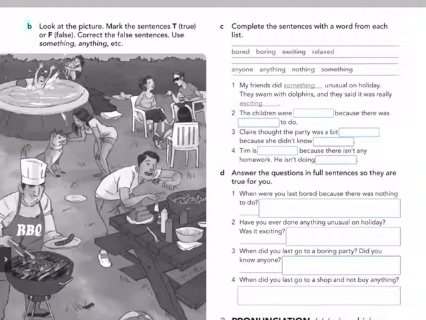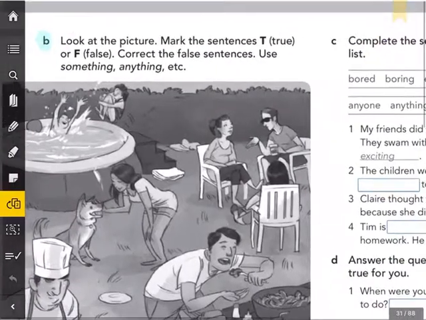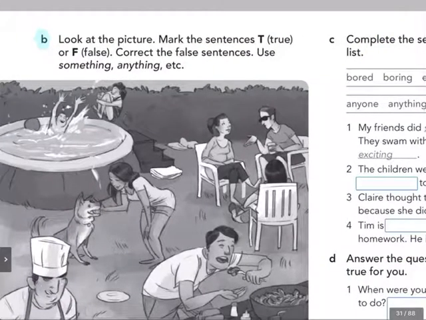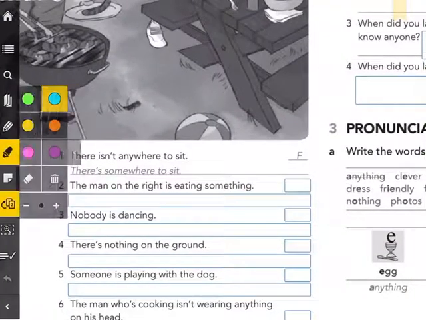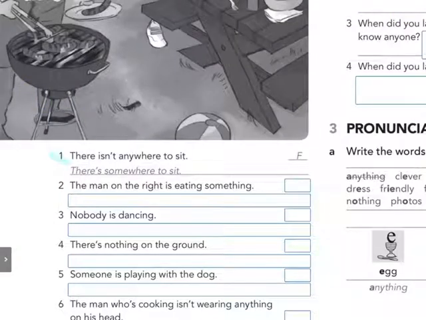Do you think you can do exercise B? Let's make it a bit bigger. Look at the picture, mark the sentences T true or F false. Correct the false sentences, use something, anything, etc. Now let's look at the example. There isn't anywhere to sit. Well, this is false.